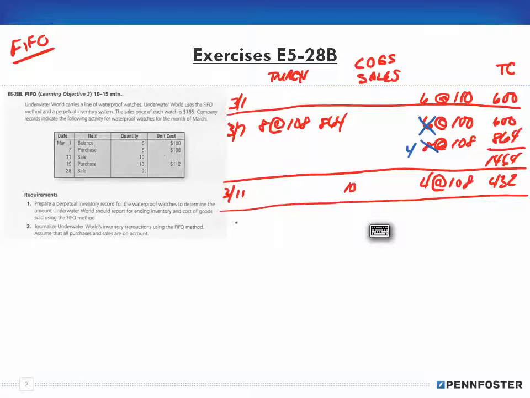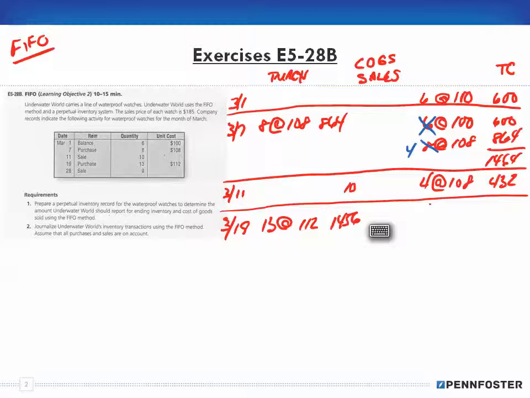Then on 3/19, I purchased 13 more at 112, and 13 times 112 is 1,456.